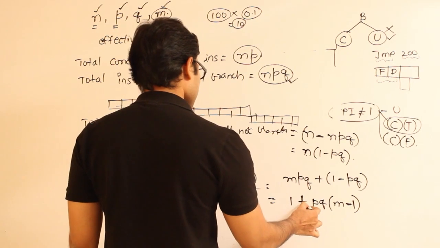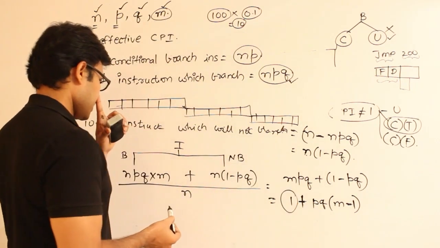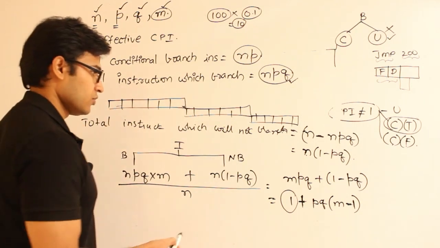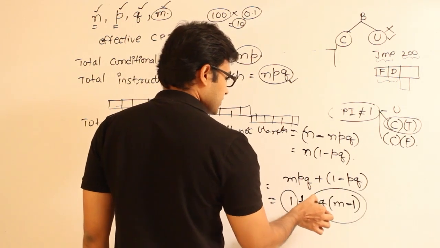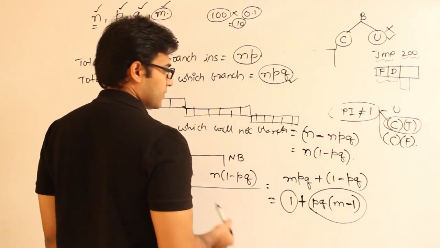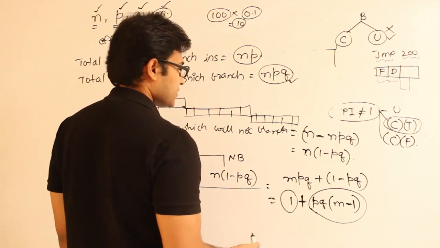So what does it mean? Normally we take one clock per instruction. The clocks per instruction is going to be 1, but because of the branching we are going to get this, right? Okay, so now if you observe this, you can learn various things here.